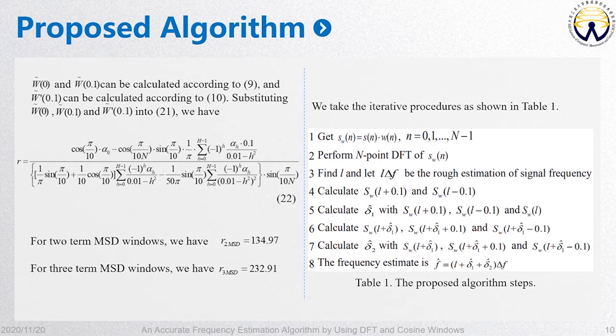Through a series of complex operations, it is concluded that the proposed algorithm can be realized by interpolation at the position of the main lobe peak and 0.1 to its left and right, and the final result is obtained.